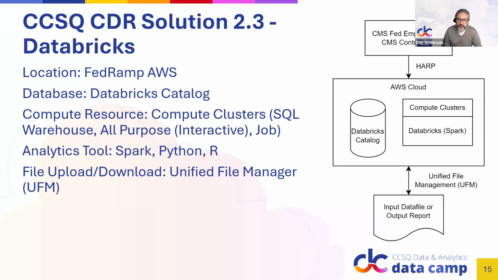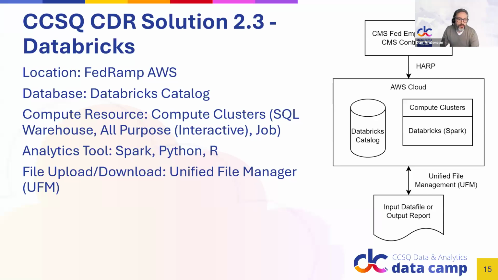Databricks, using Spark, is primarily focusing on Python and R, so more open source tools and libraries. And then when we do need to upload and download into the environment, we use Unified File Manager. It's basically a rebranding of FileCloud. And that's kind of where we're at at a very high level.